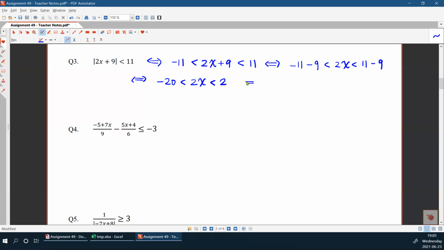And then we can just divide by 2 on both sides because 2 is a positive number, so we don't change the direction of the inequality symbols. So minus 20 over 2 is minus 10, less than x, less than 2 over 2 is 1, right? So this is our final solution here.